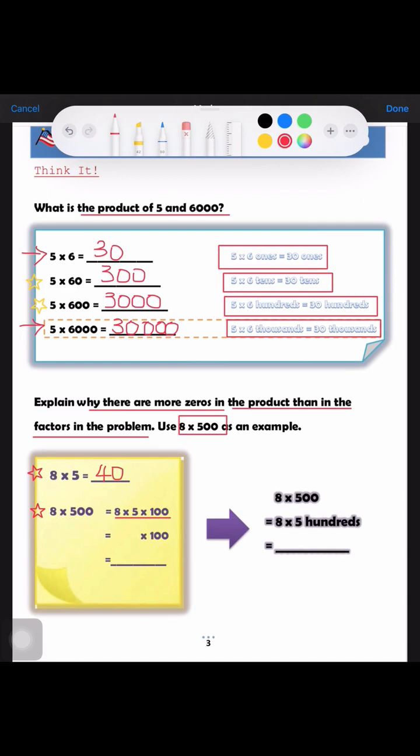So we calculate the basic fact first, which is 8 times 5. 8 times 5 equals to 40. So 8 times 500 equals to 40 times 100. 40 times 100, that means 4000. You can see there are 3 zeros in the answer. So 8 times 500 equals to 4000. Because in the basic fact we already have 1 zero, so there are more zeros in the product than the factors.